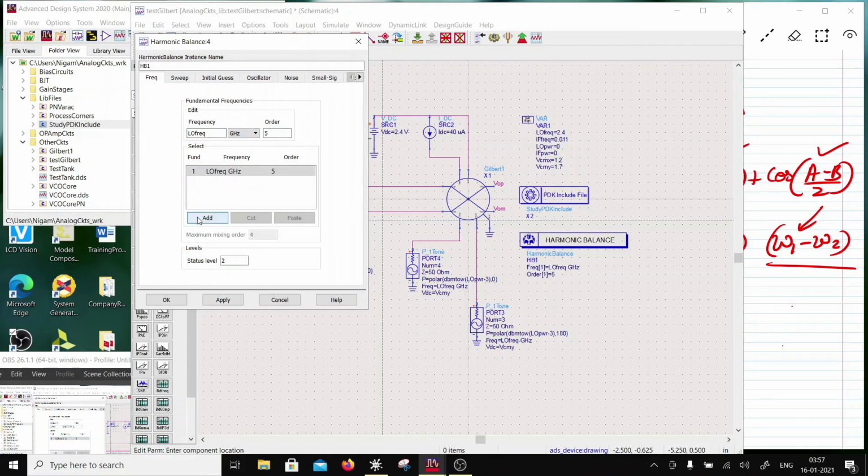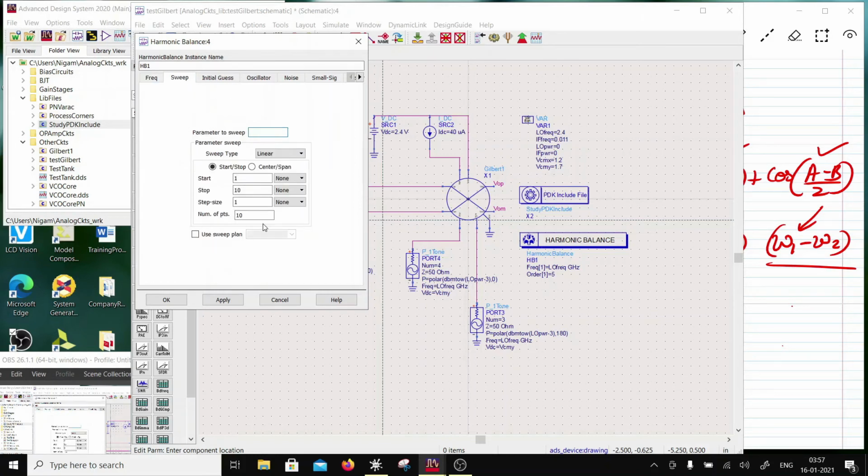The order is 5, that's okay. Then I will say IF, and the order is 5, okay. This is the order for the signal, and this is the order of the mixing. So that's all you have to remember.